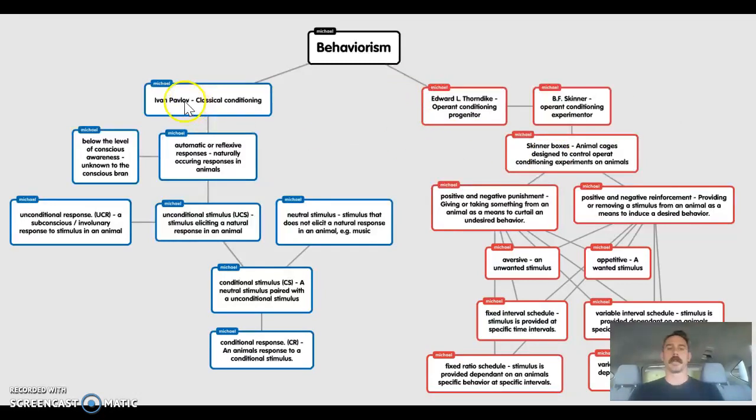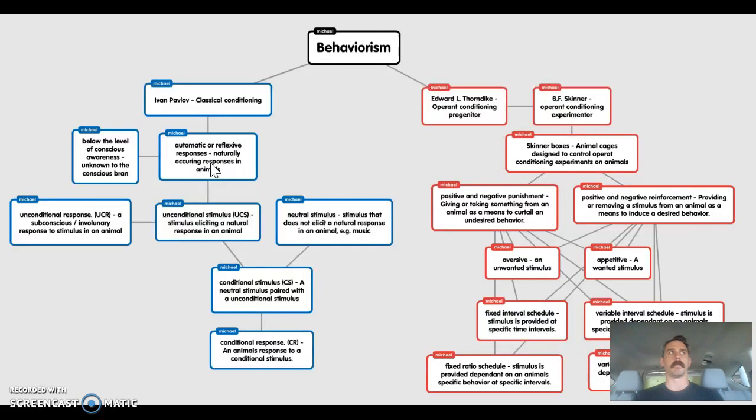responses to stimulus. Ivan Pavlov, sort of being the progenitor of the classical conditioning theories, is up here at the top. And I just kind of laid out some of the definitions in classical conditioning over here. The first being automatic or reflexive responses, which is just a naturally occurring response to a stimulus.